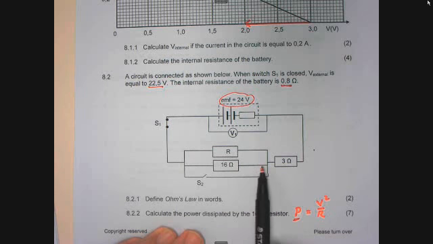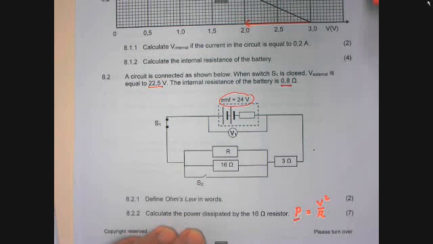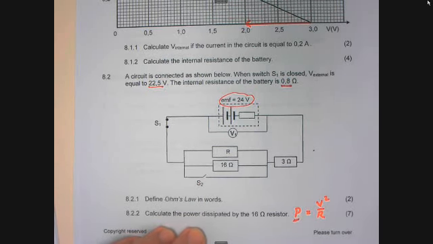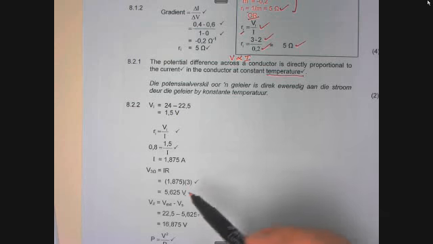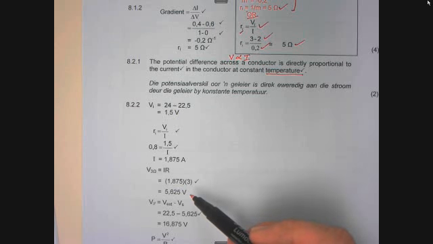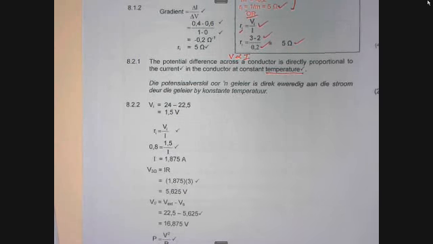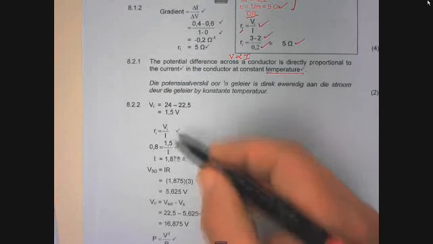He must be able to calculate V parallel to get to the power dissipated by the 16 ohm resistor. How can he do this? Right. He can do this by means of first calculating the current, the total current in the circuit.